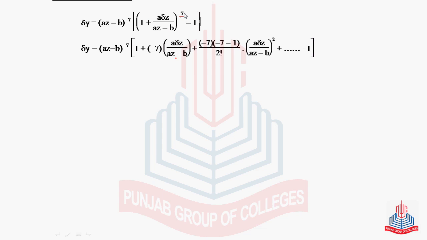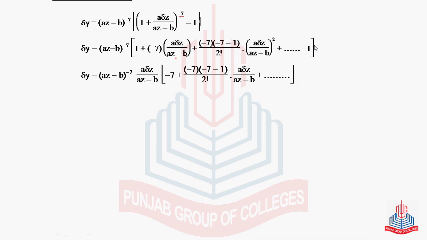So we will not write here an end term, and this minus 1 will appear at the end. So after cancelling this 1 and minus 1 and taking a delta z over az minus b as a common factor, we have left this minus 7 plus minus 7 into minus 7 minus 1 over 2 factorial, a delta z over az minus b, and so on, an infinite number of terms.